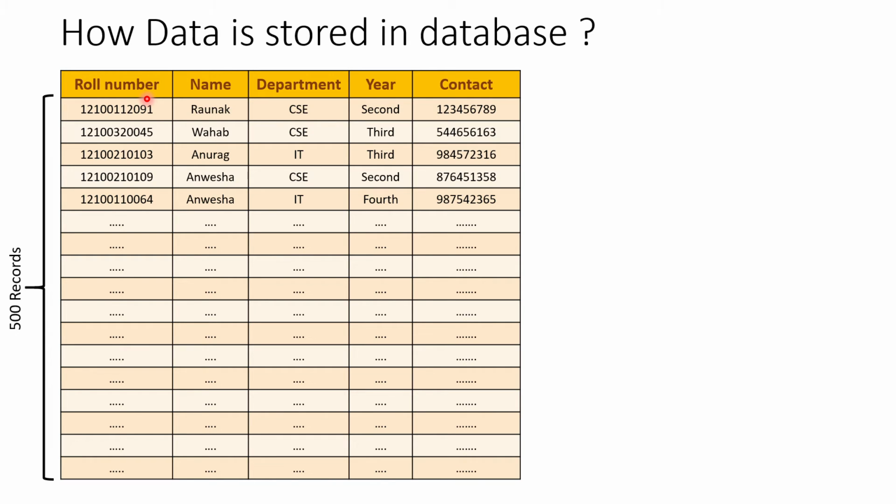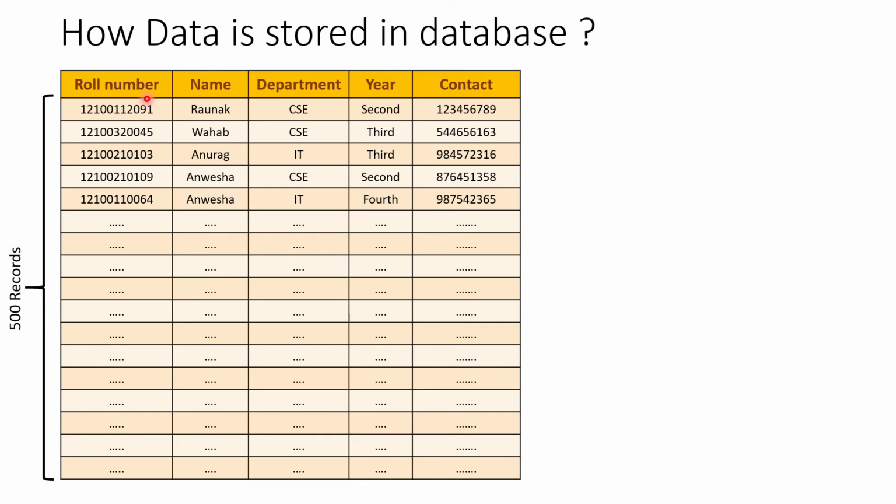This is not a class on database management systems, so I'm not going into the detail of the table. I've given you this information as a prerequisite to understand what DBMS and table are. But my goal is, assume that we have 500 records here, so the number of records is too large.